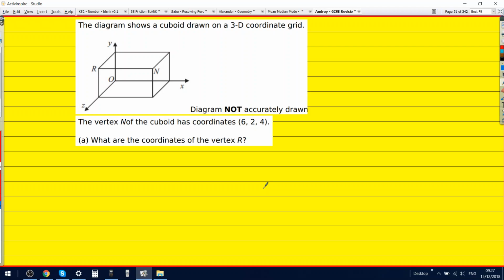So I think the coordinates of R are 6, 6.